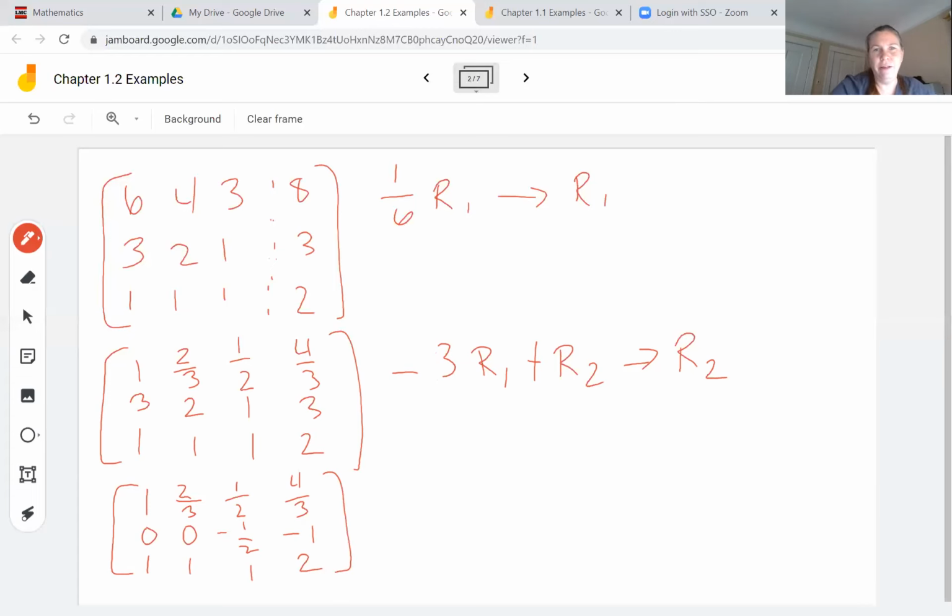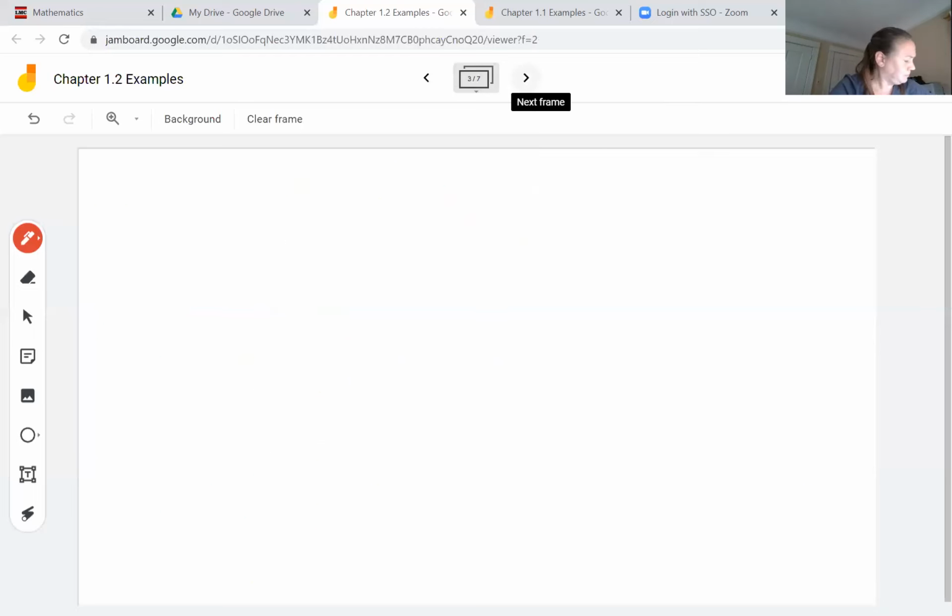All right, and so you can see each move is resulting in a new, more efficient matrix. Okay, the next move I want to do is to take negative row 1 and add that to row 3 to get a new row 3. So let's head over to the next sheet to see that resulting value.